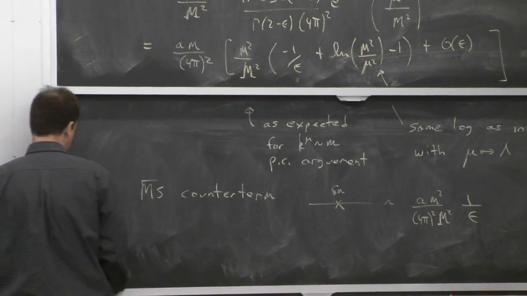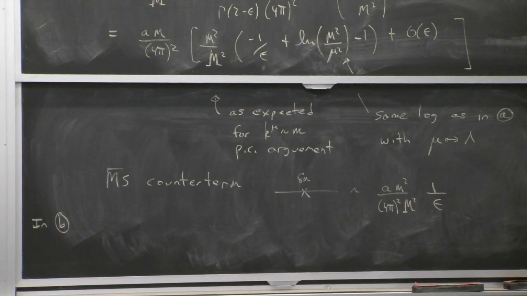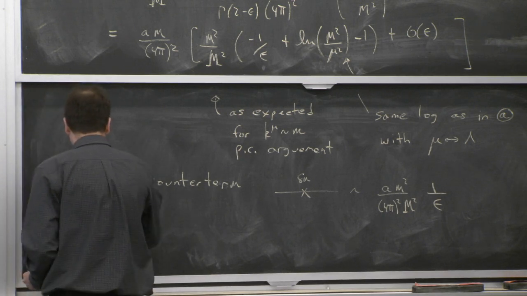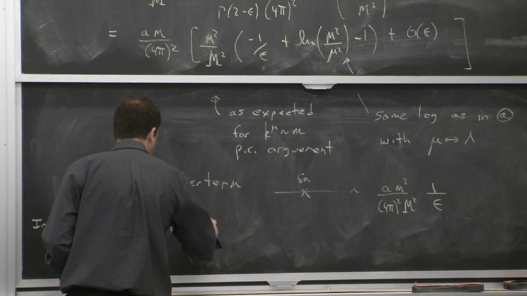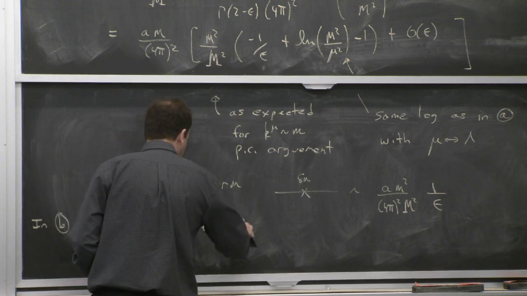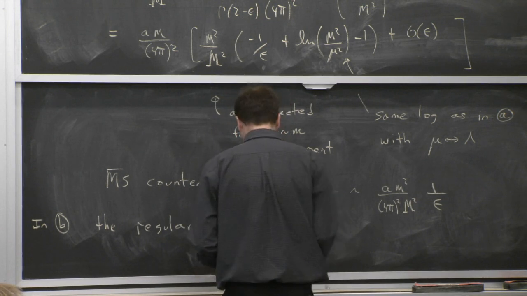So there's a language that people use in effective field theory and dimensional counting for the difference between thinking about doing a regularization of type A and type B. And what you say is that in type B, your regularization of the problem does not break the power counting.